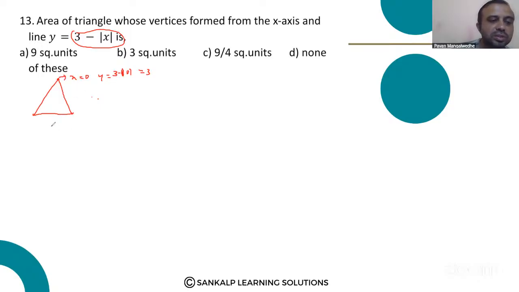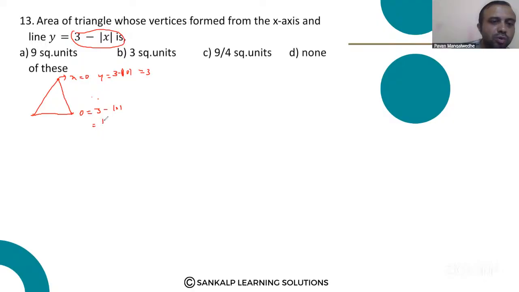And vertices 2 and 3 are where y is equal to 0. So 0 is equal to 3 minus mod x.